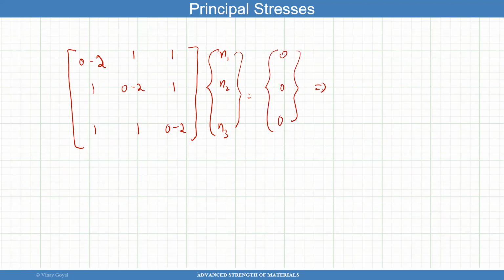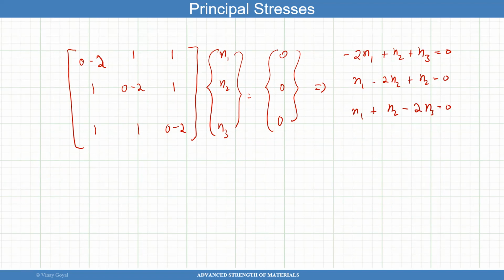So I get 3 equations: minus 2 n1 plus n2 plus n3 equals 0, n1 minus 2 n2 plus n3 equals 0, and n1 plus n2 minus 2 n3 equals 0.